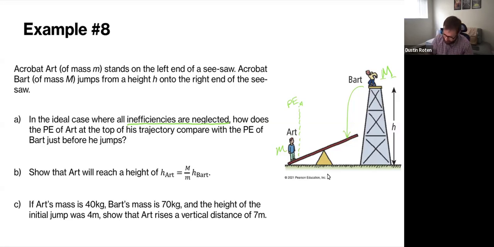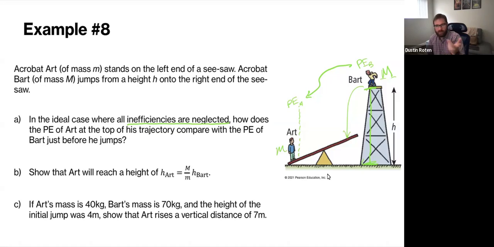So right now, clearly, judging from the floor and the height here, Bart has some potential energy. So when this circus trick is done, how does this potential energy relate back to Art's potential energy? That's our first question we want to answer.